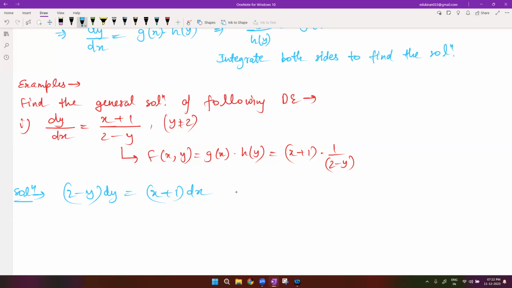Now I can integrate both sides. Right now this is an indefinite integration because we are not given any information other than this.